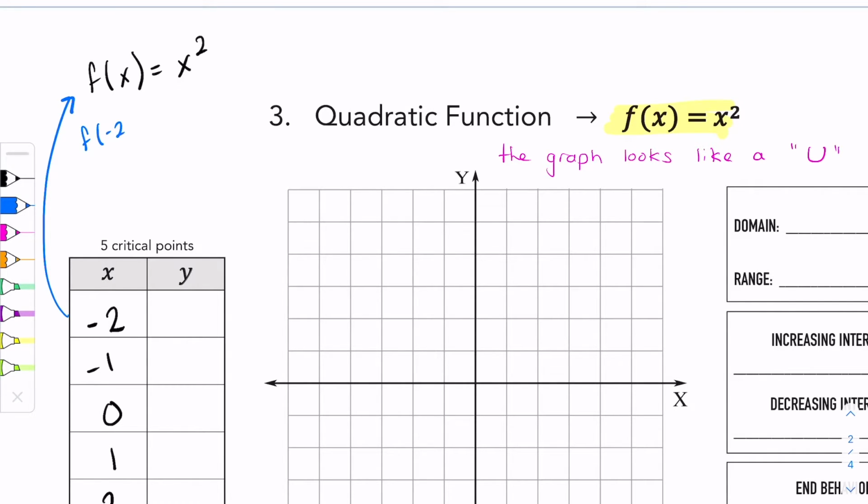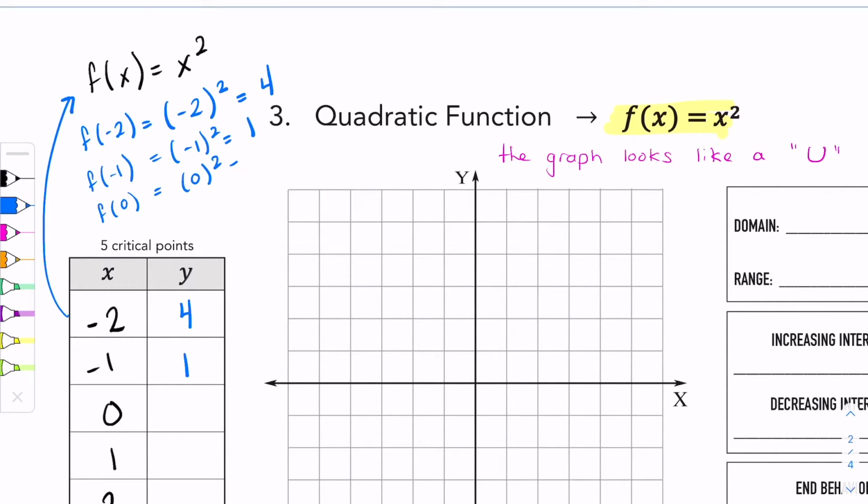When I substitute -2 into x squared, we have -2 in parentheses squared, which is equal to positive 4. -1 in parentheses squared is positive 1. 0 squared is 0. 1 squared is 1. And 2 squared is 4.